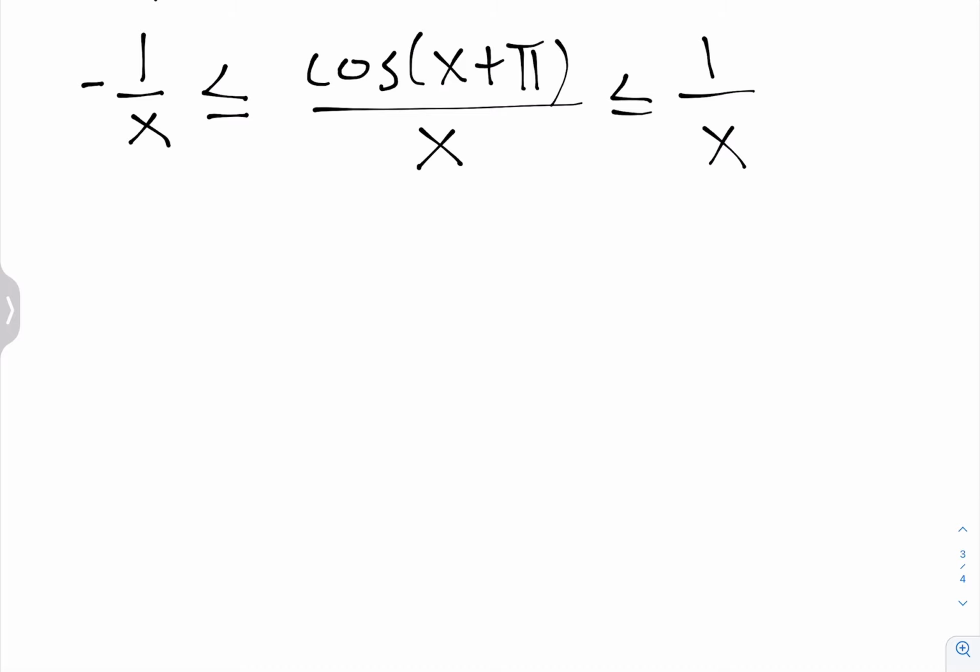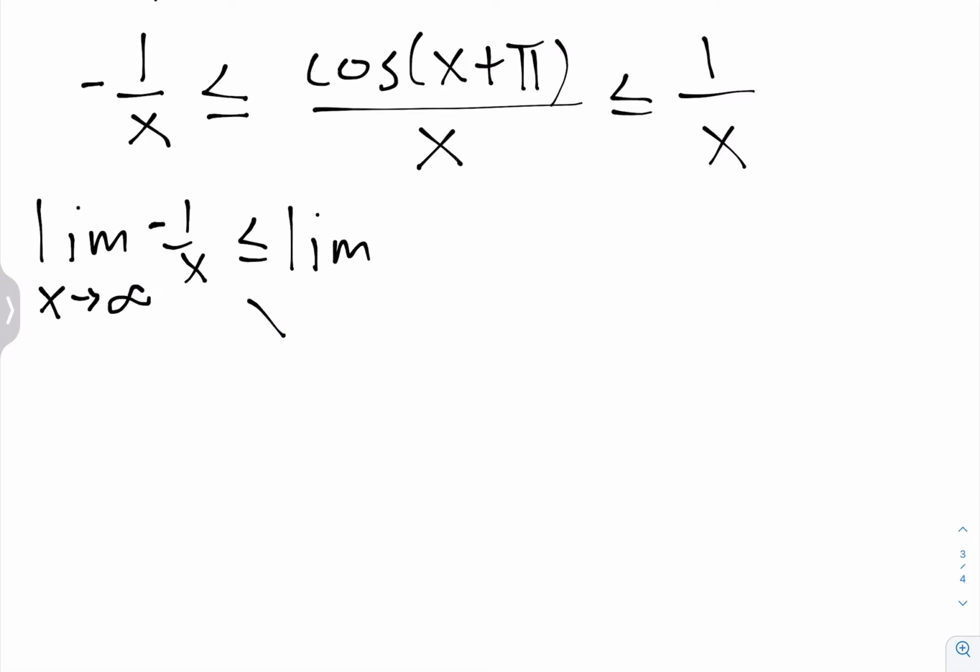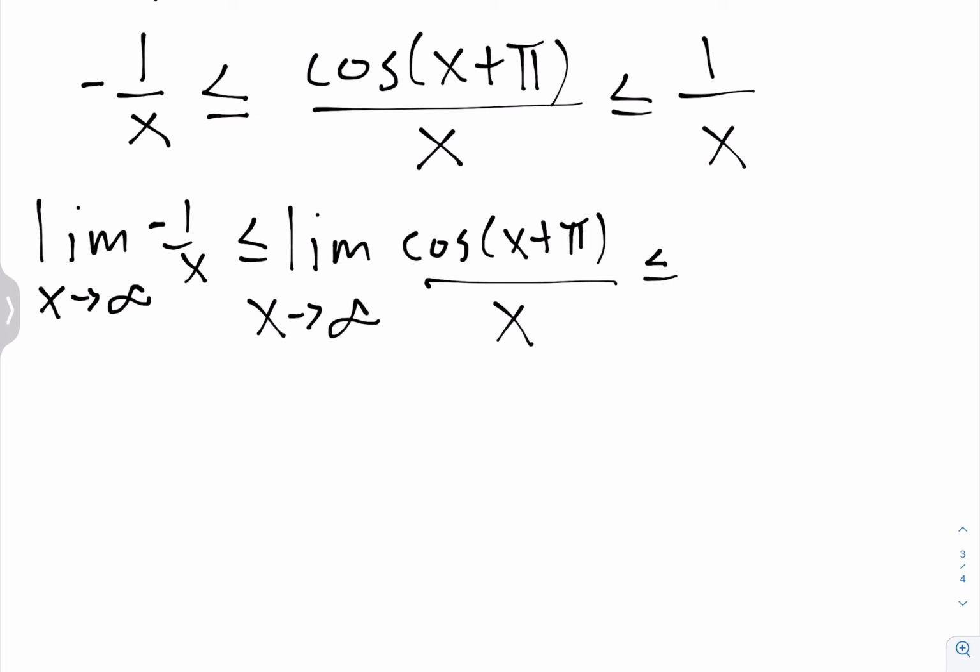So we're going to take the limit of everything. We're going to take the limit of -1 over x as x approaches infinity, because that's what the question's asking, is less than or equal to the limit as x approaches infinity of cosine x plus pi over x. And we know that's going to be less than or equal to the limit as x approaches infinity of +1 over x.